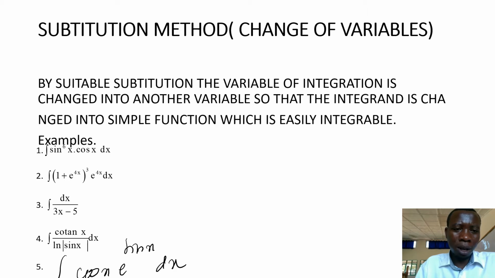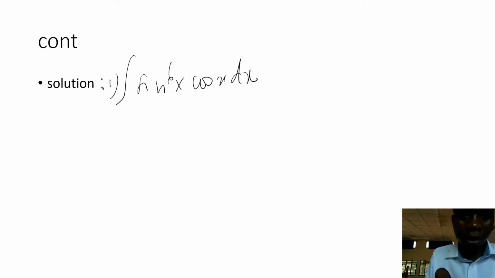Let's do example number one. Find the integral of sine power 6 x cos x dx. So we are going to change variables here.